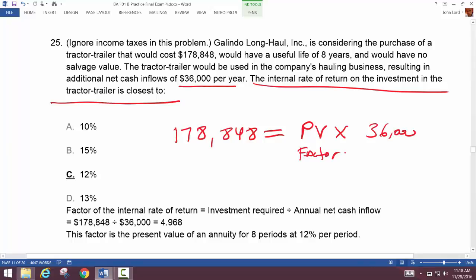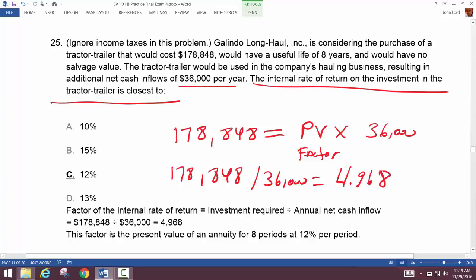Well, how do I find the present value factor? I take the 178,848 and I divide it by 36,000, and that gives me 4.968, doesn't it?